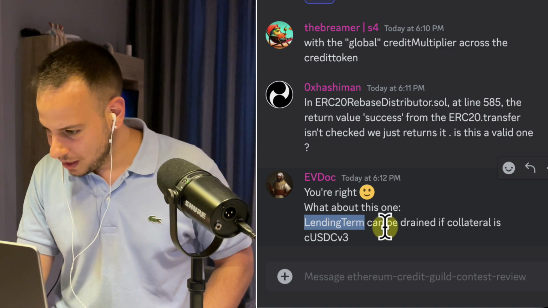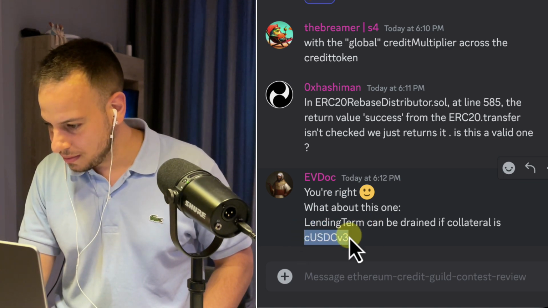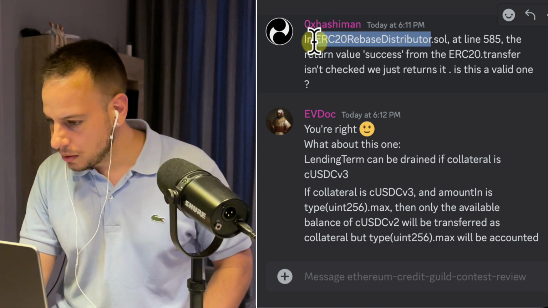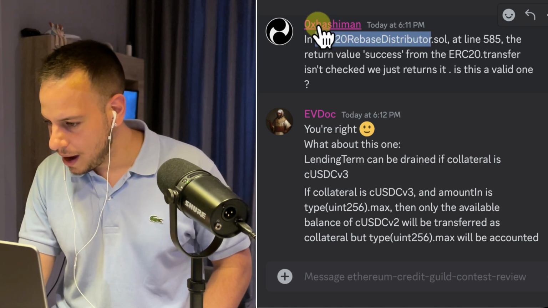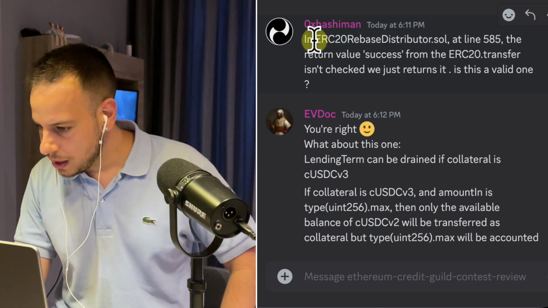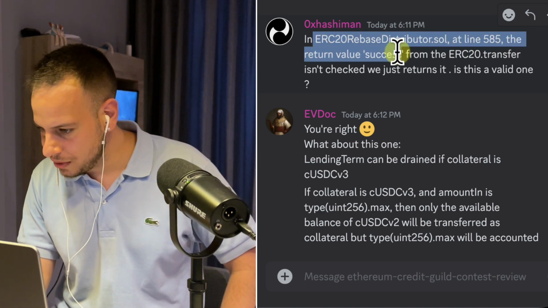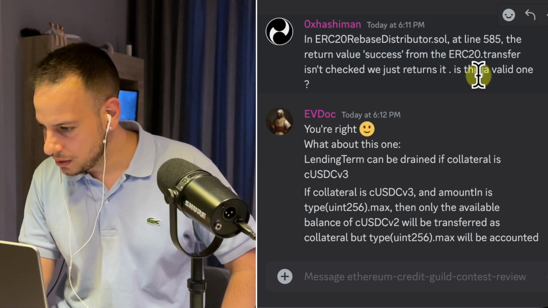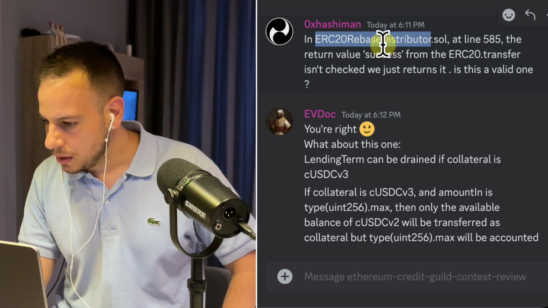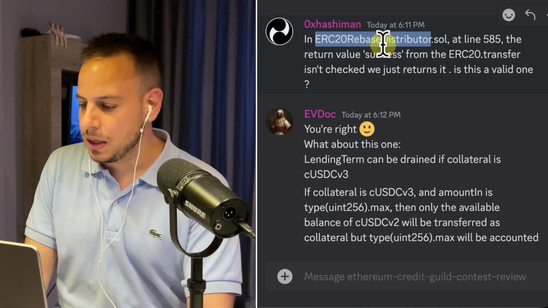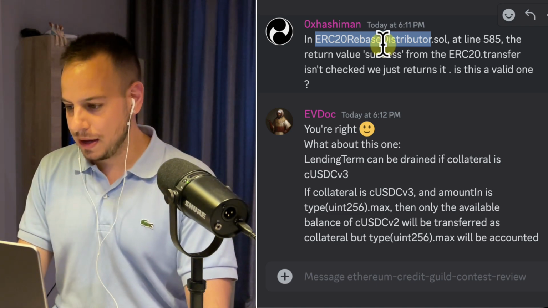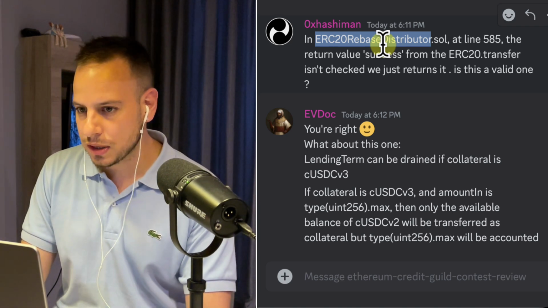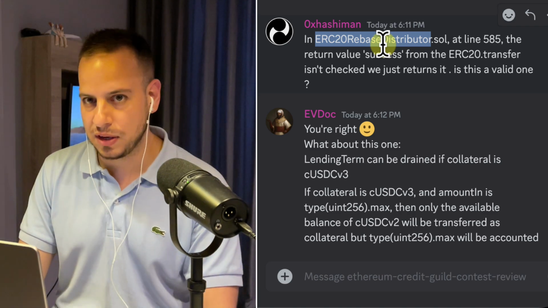Lending term can be drained if collateral is CUSDC v3. Wait, let's see. I will go to the Hashimen first. ERC rebase is at line 585. The return value success from ERC20 isn't checked. We just return it. Yes, it doesn't need to be checked because the credit token is the rebasing token, so it's always going to revert if a transfer fails.